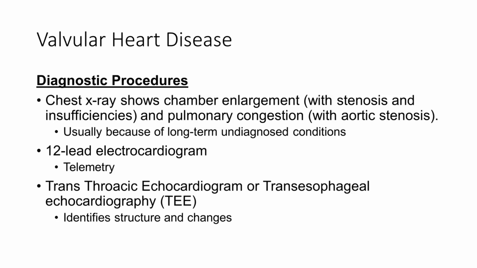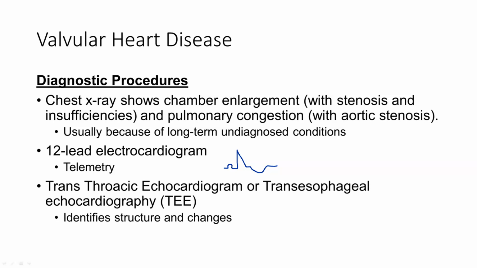You can see changes in your 12-lead ECG. When we talked about dysrhythmias, we talked about how with chronic hypoxia, we could see changes in our T-wave, such as T-wave inversion. We can see these changes that are chronic in nature.